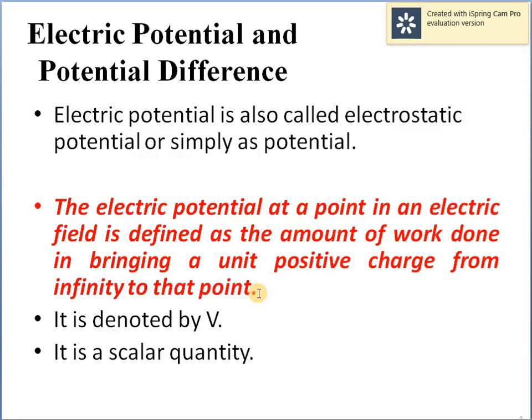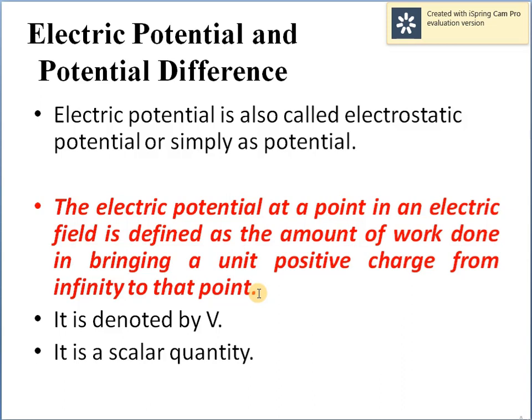As the definition is very clear, whenever a unit positive charge is made to move from infinity to that point, the work done in bringing it is the electric potential. So this is the general concept of electric potential.